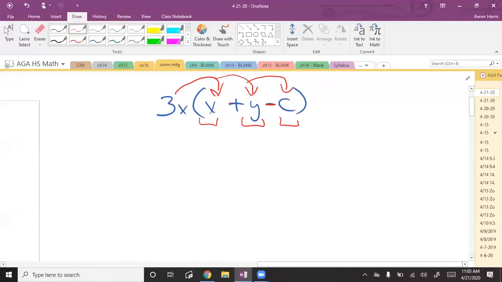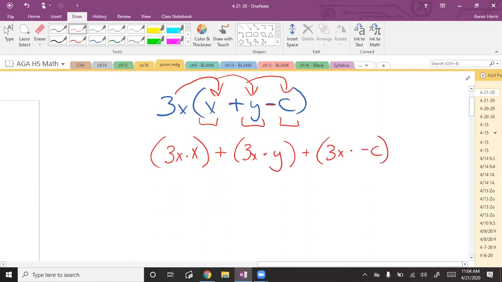So this says 3x times what? X. Then put a plus. Uh-oh, the one disappeared. It's normal. Get used to it. Plus 3x times y, plus 3x times negative c.